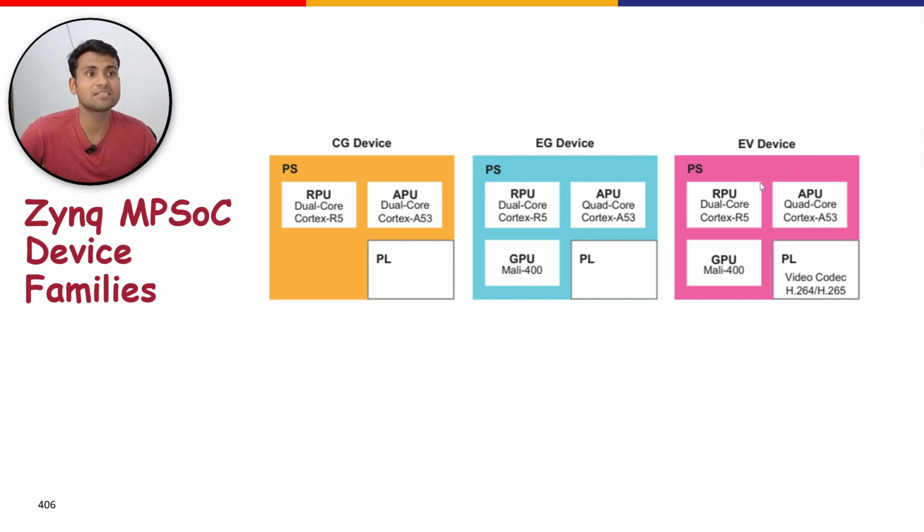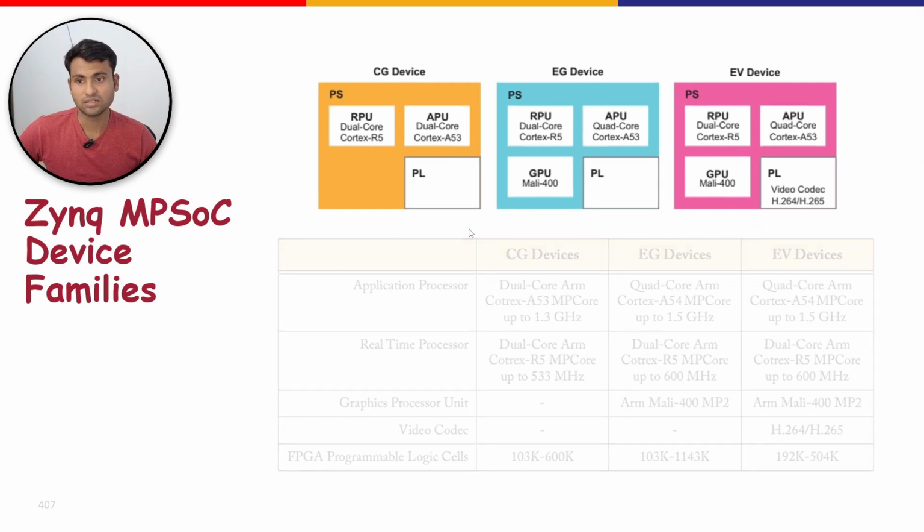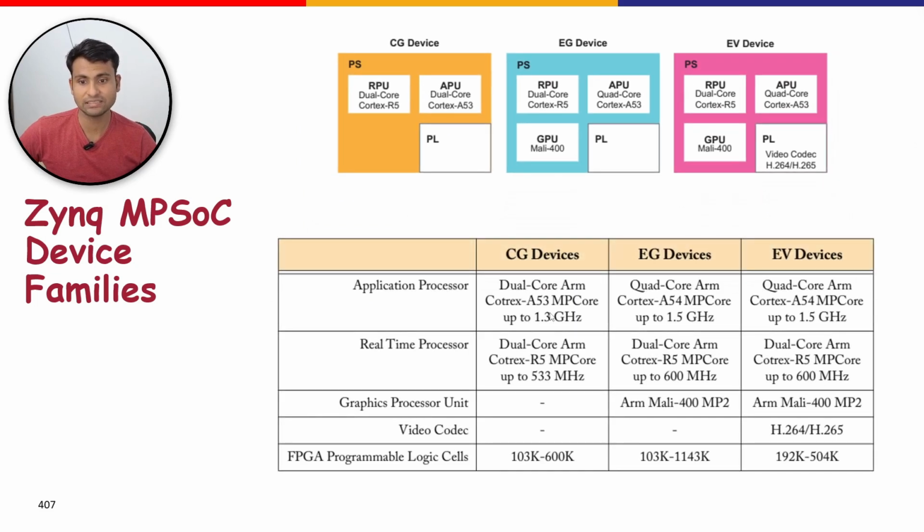For the EV devices, we have the RPU of the same configuration, the APU quad core Cortex A53 and the GPU same as the EG device, but along with that, in the PL, we have silicon optimized for video encoding and decoding for the H264 and H265 formats. So let's look at the slide here.